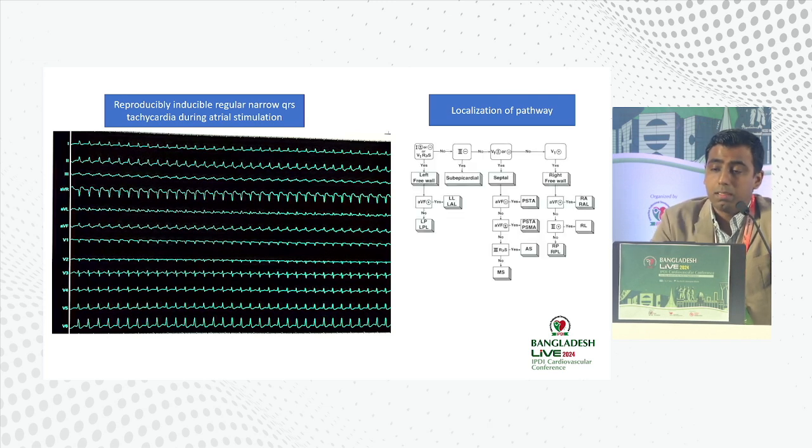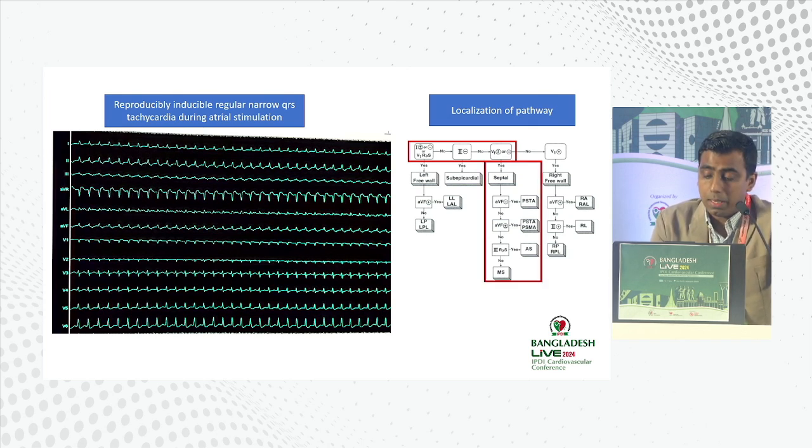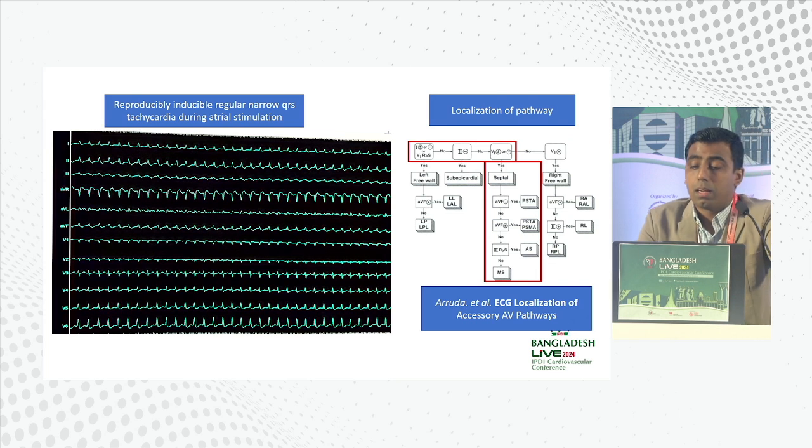Usually we use many different algorithms for the localization of the pathway. However, the one approved by all the European and American guidelines is the Arruda criteria for localization of the accessory pathway. They look at lead I, whether the delta wave is positive or negative.